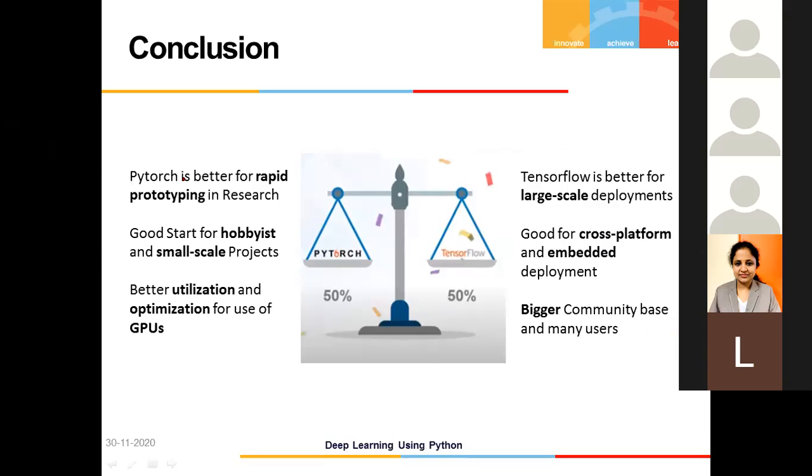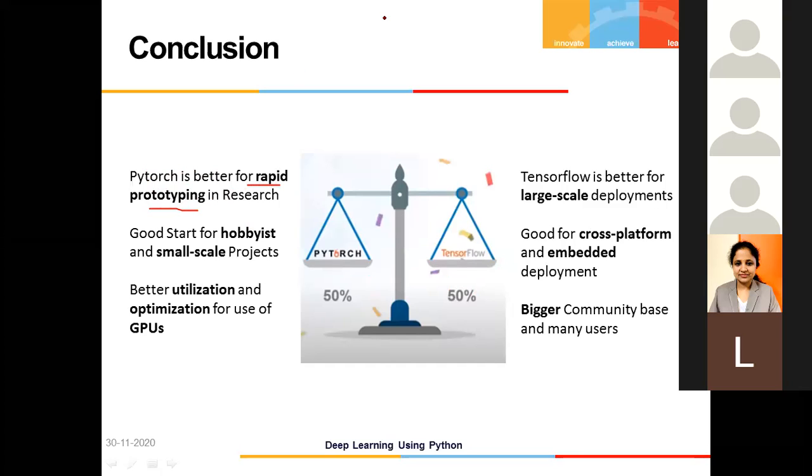If you have that doubt, so when you take PyTorch and TensorFlow, both are good, equally good, 50% for both, right? So PyTorch is better for rapid prototyping. That is, when you start your research from the scratch, and when you are building the components there, PyTorch is very, very good.